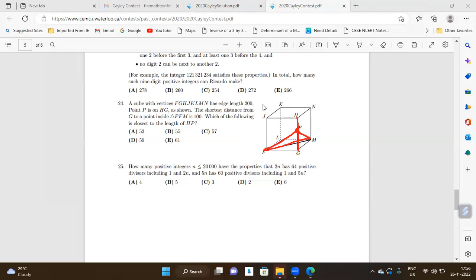Okay. So you're just traveling from G to a point inside PFM. They mentioned the distance, it takes 100, but they didn't mention the exact point here. So the question is, which of the following is closest to the length of HP?